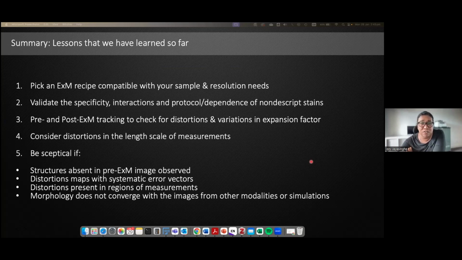And if you cannot reproduce those morphologies with other types of imaging methods, then again, be careful in putting those forward. So that's where we're at. I guess it's an ongoing conversation because this is a very new technique. But hopefully, you'll be interested to learn how everyone else does it.